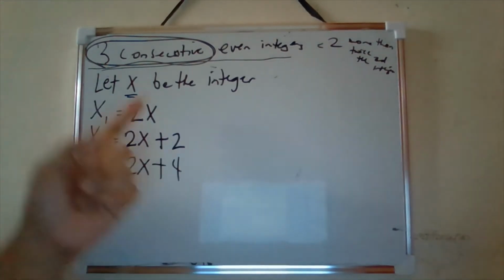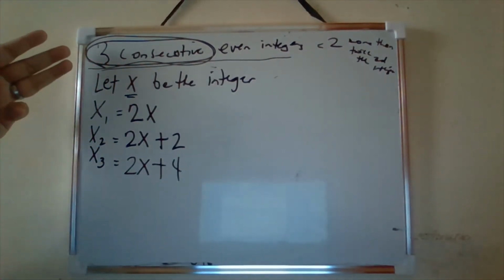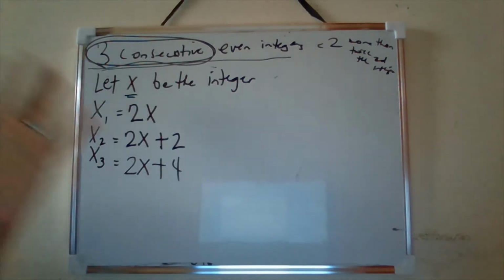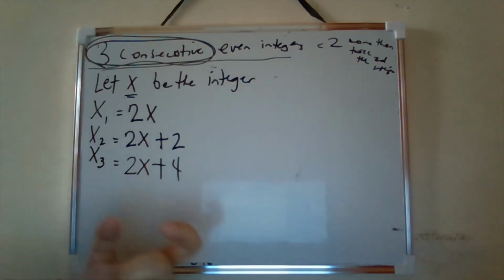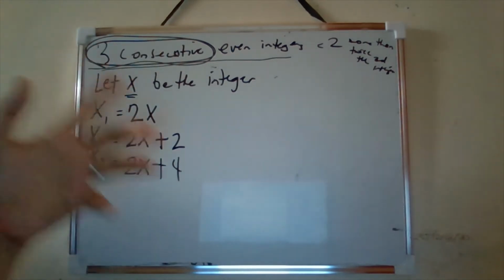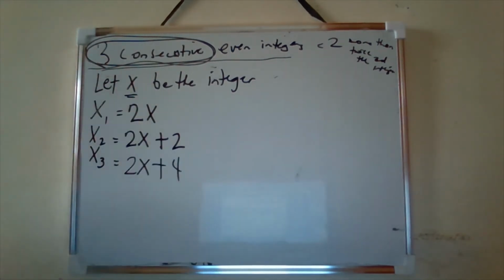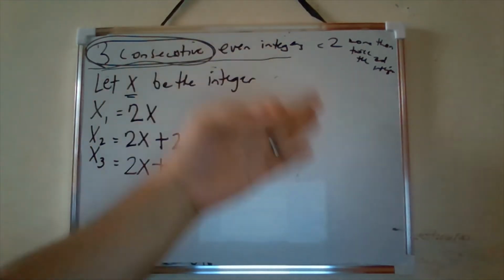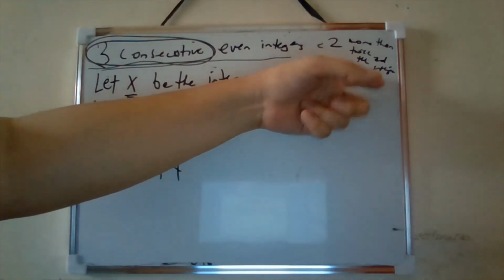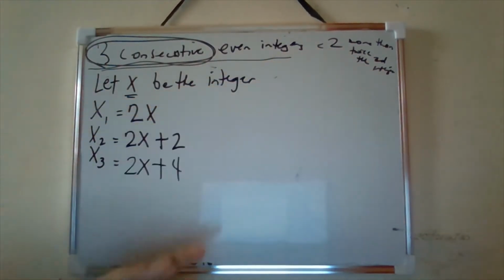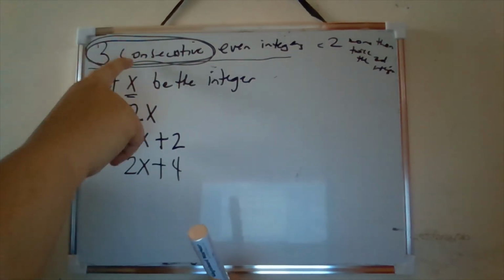Ngayon, now let's write it into an equation na nakasulat dito sa word problem natin. So, if we add, or the sum of 3 consecutive even integers, okay, is equal to 2 more than twice the third integer. So, i-add natin ngayon kasi the sum.